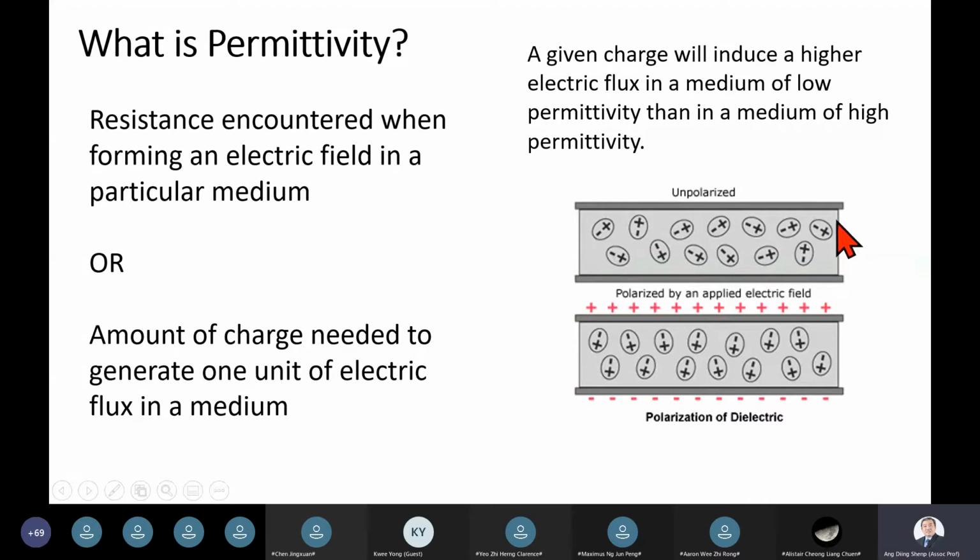In the absence of an electric field, the dipoles are randomly oriented. If we apply an electric field across the medium, the field can cause the dipoles to align like this.